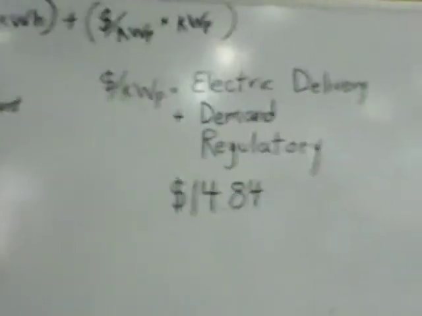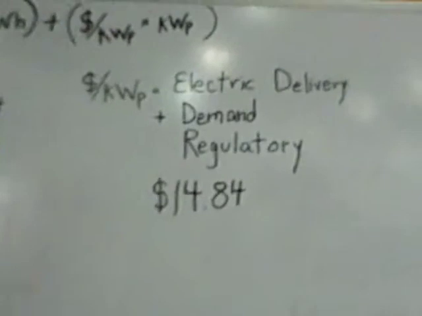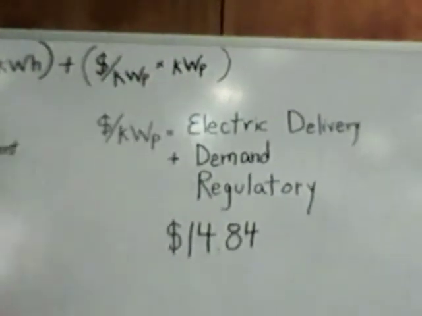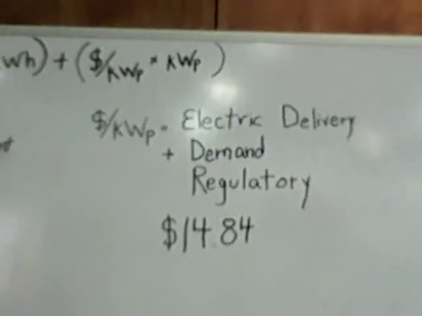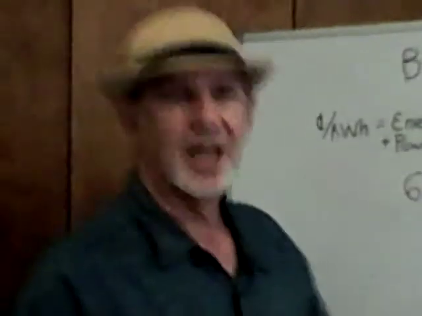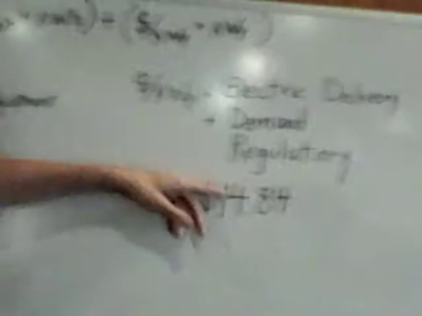Now, the second term is called the demand portion of the bill. Again, the utility is measuring your kW peak, which we'll explain in a few minutes. Now we've got three terms, three lines on the bill, which really add together. All of them are expressed in dollars per kilowatt, and it's really the sum of three different terms.